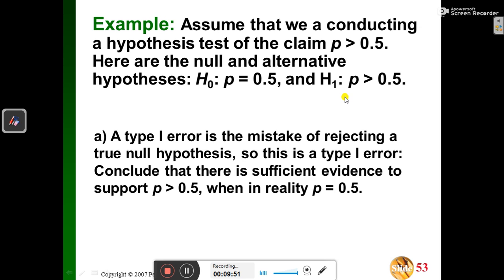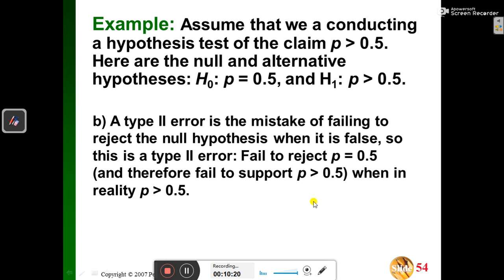So if the evidence shows that p is greater than 0.5, we are rejecting the null hypothesis, but actually p equals 0.5, the null hypothesis is true and the alternative hypothesis is false. So that is a type 1 error.